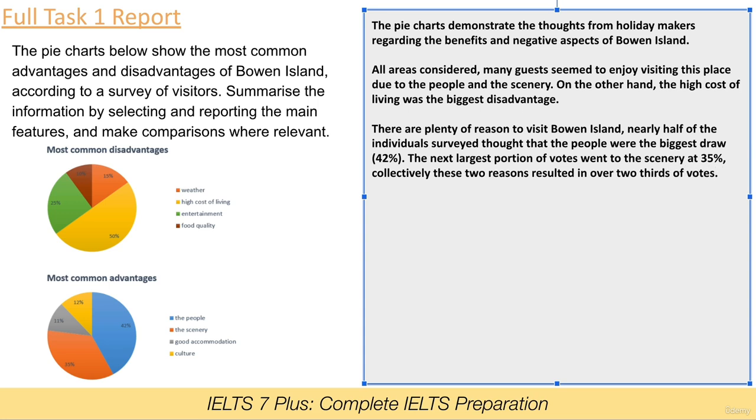Okay, brilliant. So we're just picking on the biggest advantages here. Okay, so the next two are almost equal. So good accommodation, we'll just touch upon them. Good accommodation and culture almost split the remainder of votes.